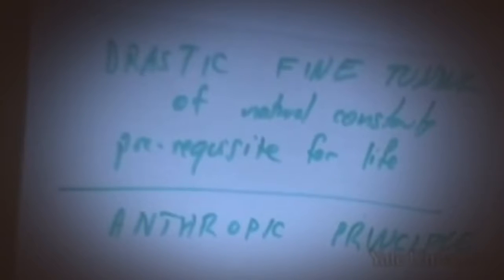And this gives rise to a set of ideas called generally the anthropic principle, which is kind of the idea that the fact that life exists, and people in particular, is important for understanding basic physics.